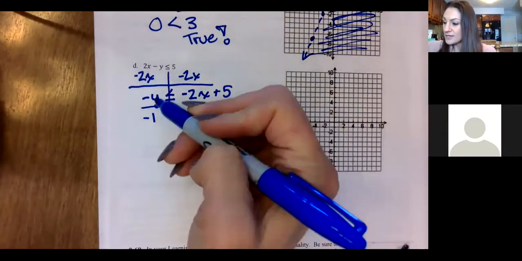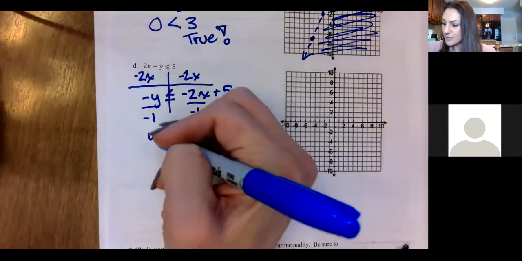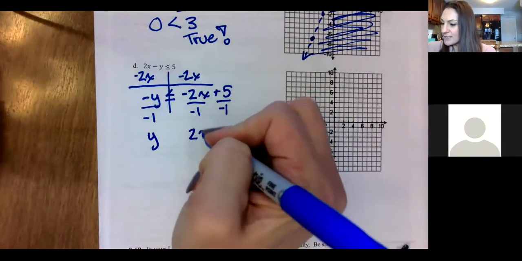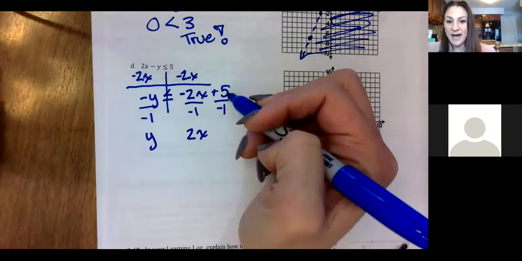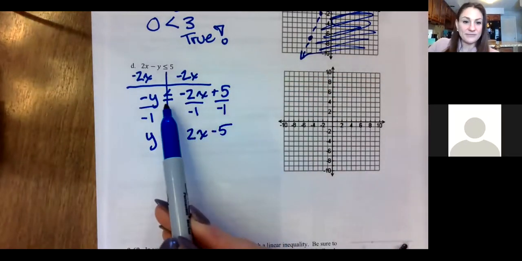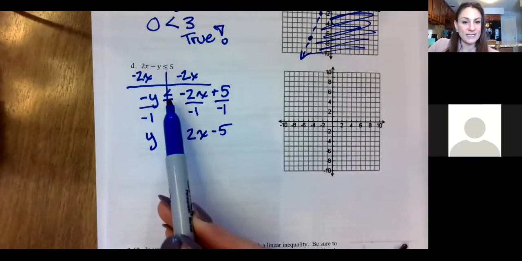Okay, so this negative flipped to a positive, this negative flipped to a positive, this positive flipped to a negative. So what do I have to do with this sign right here?